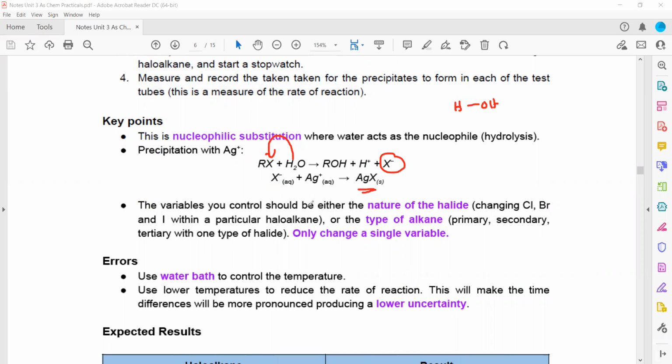The variables you should control, the things which you should control, should be the nature of the halide, like changing the halide, or whether it is a primary, secondary or tertiary halide.